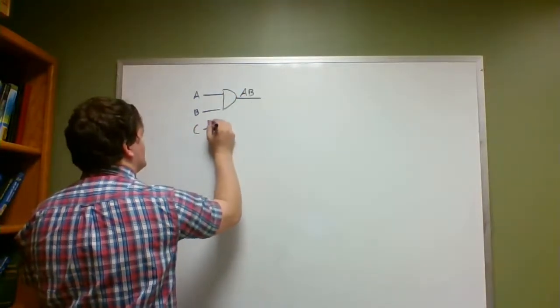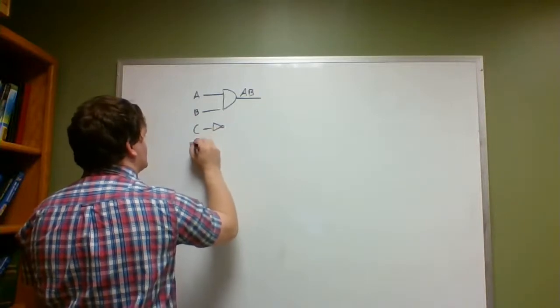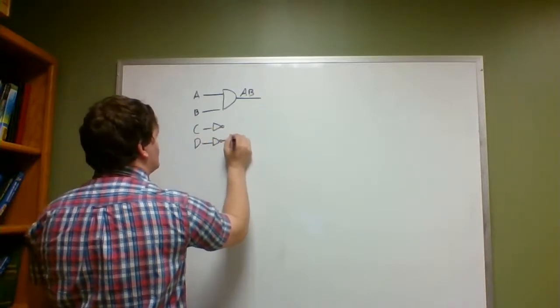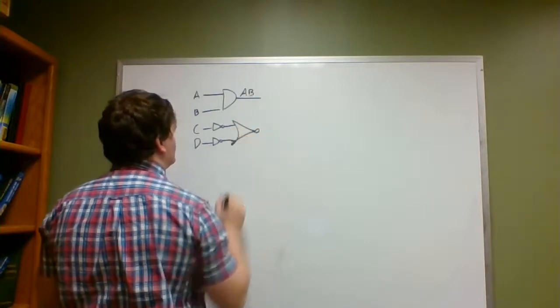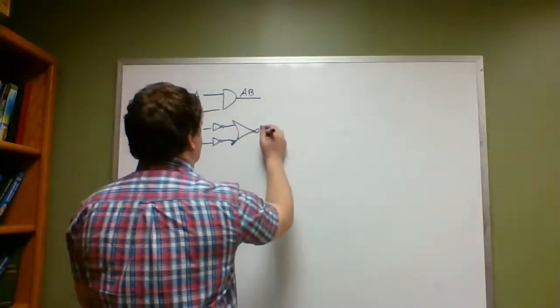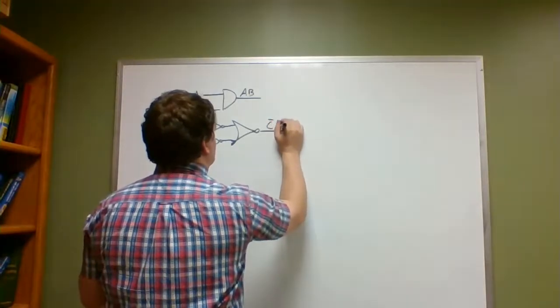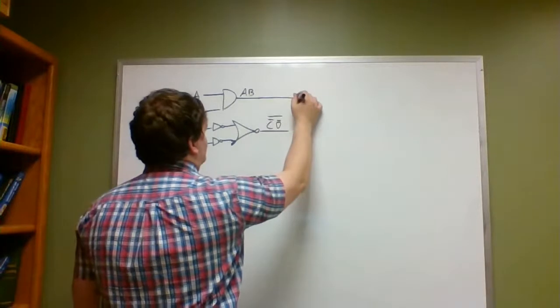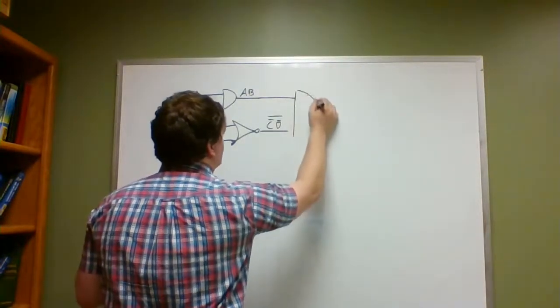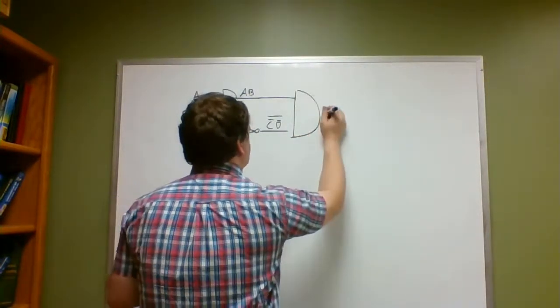We've got C, which goes into a NOT. We've got D, which goes into a NOT. We've got this, which goes into a NOR gate. So this becomes C NOT, D NOT, NOR. And then this goes into a NAND gate.